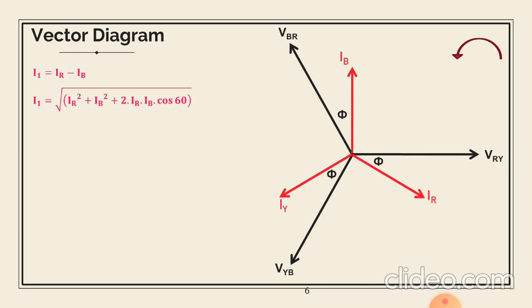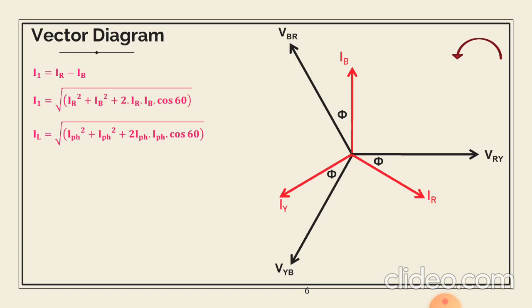As per the parallelogram law of forces, the resultant vector is root of IR square plus IB square plus 2 IR IB cos 60. So the angle between IR and minus IB will be 60 degrees. Further, if you simplify, since it is a balanced load, all the phase currents are equal in magnitude.